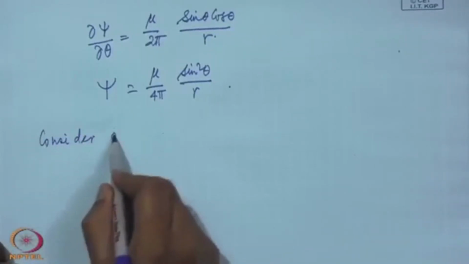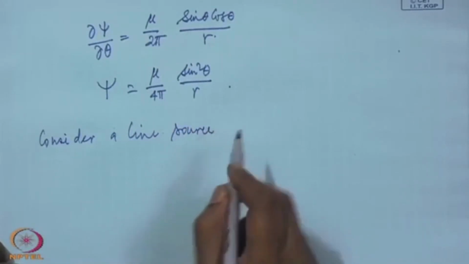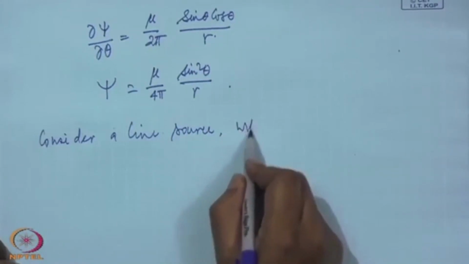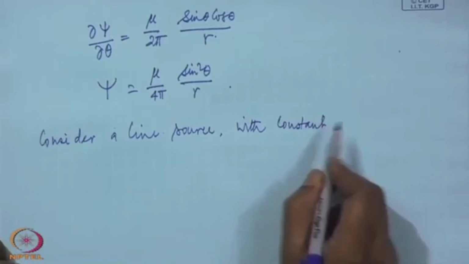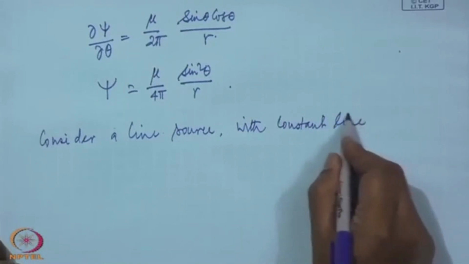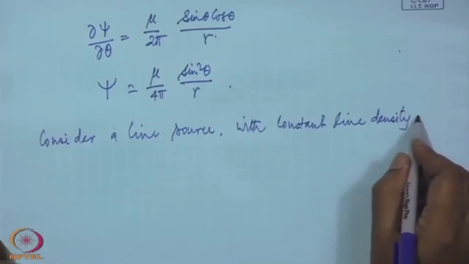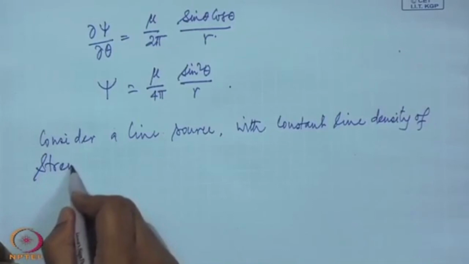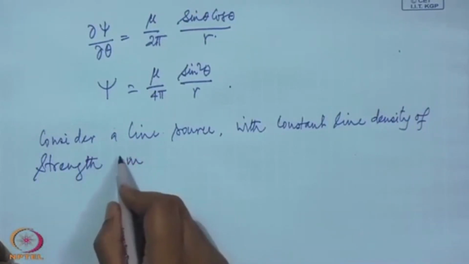Consider a line source with constant line density of strength, we will call this again m.